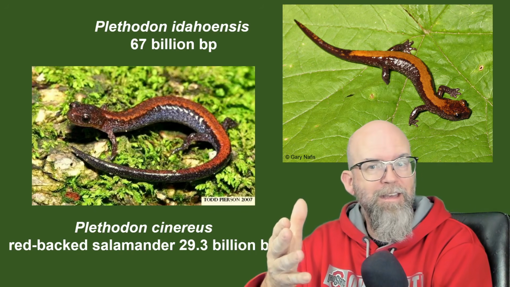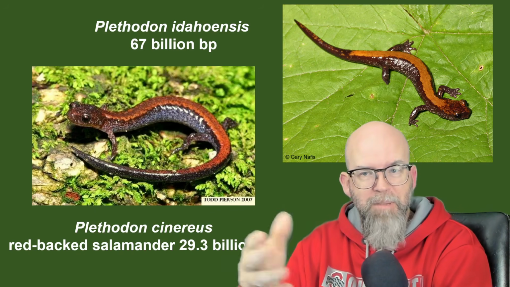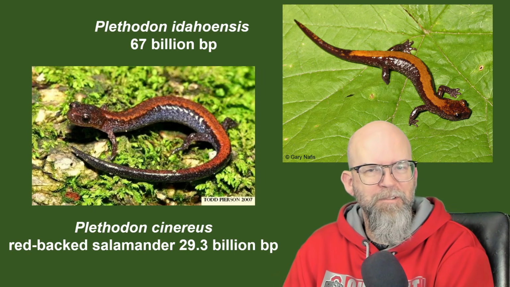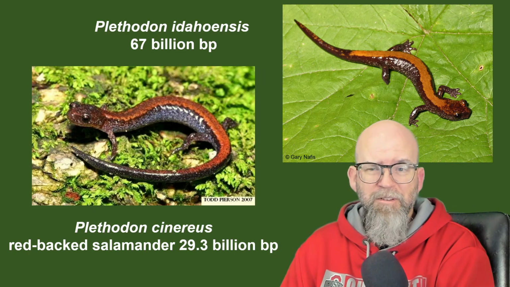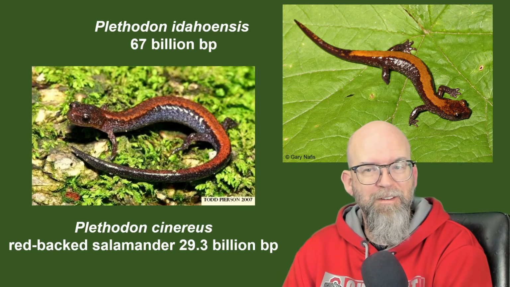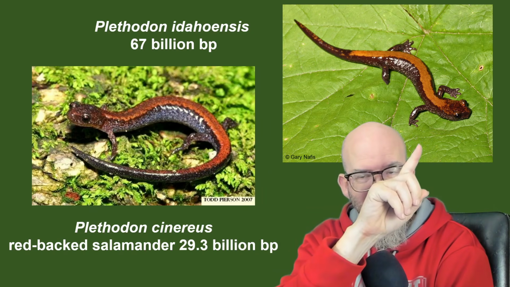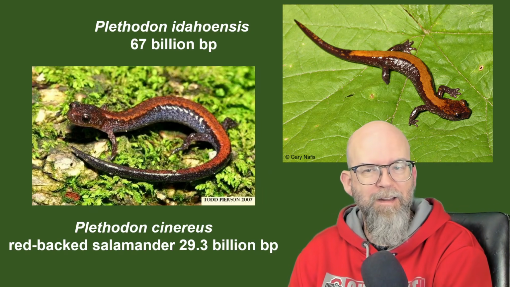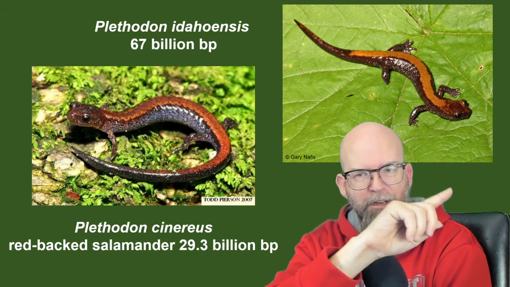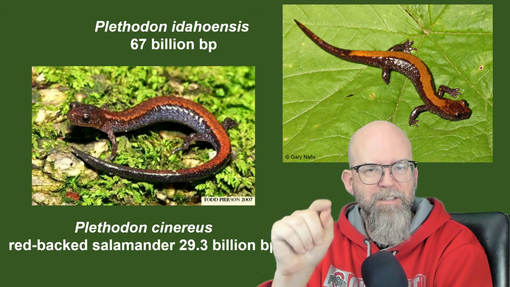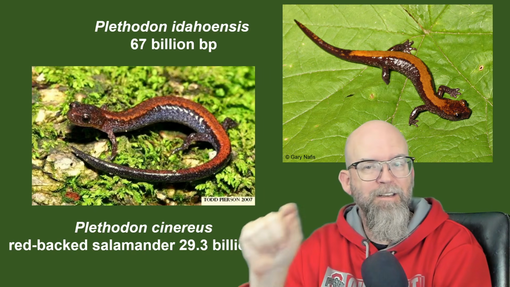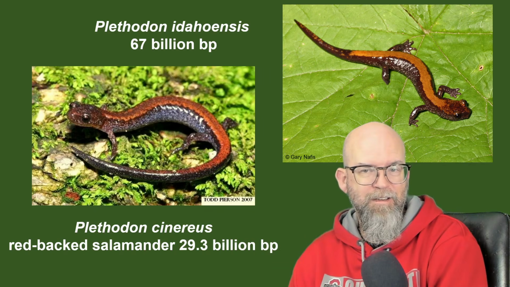And yet you can see that having 30 extra billion base pairs doesn't really make a huge difference. Honestly, I'm pretty sure you could cut the 30 billion base pairs out of the one over here, or this one over here, and end up with the same organism, and it would have the same differences between these two, because the differences between the two are probably in the protein coding genes and in a few regulatory genes.